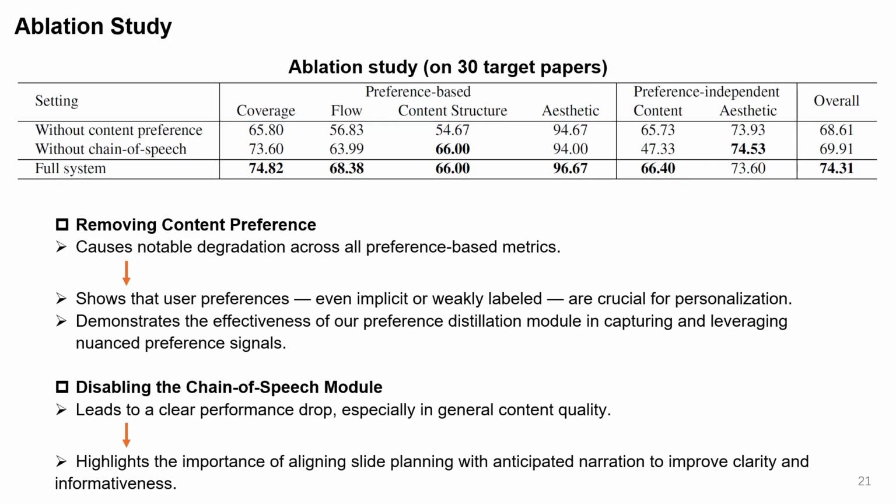In addition, disabling the chain-of-speech module results in a clear drop in overall performance, especially in general content quality. This underscores the importance of aligning slide planning with anticipated narration to improve clarity and informativeness.